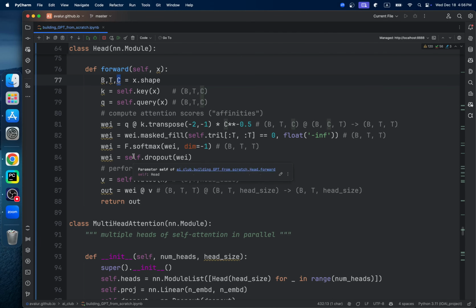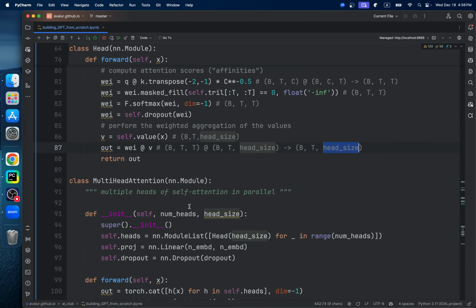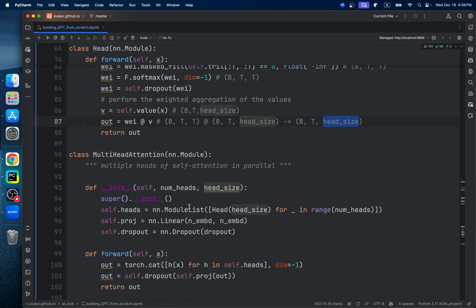It was, let's say, 64, and then the head size is 16. So to return the 64 size for dimension, we need to implement head for range num heads.